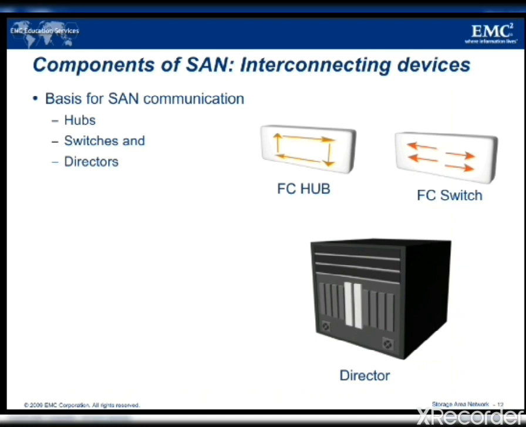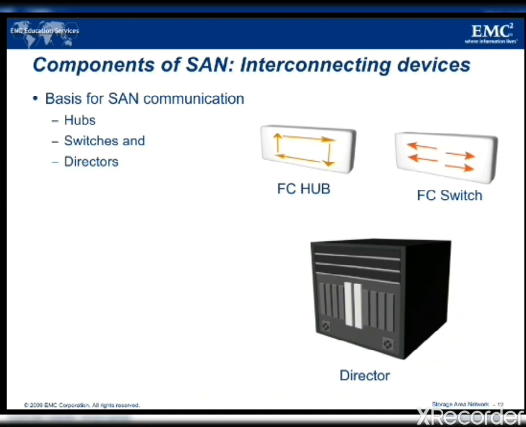Directors are high-end switches. Directors are also a type of switch, but they are higher-end compared to normal switches. The difference is that directors have a higher port count. The number of ports available in a switch and a director varies, right? Directors have a higher port count, and they are also more fault tolerant. The fault tolerant capability is higher than switches.